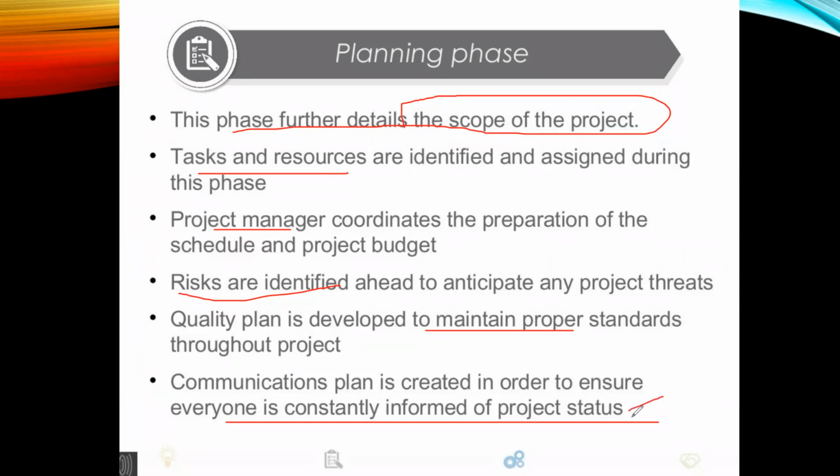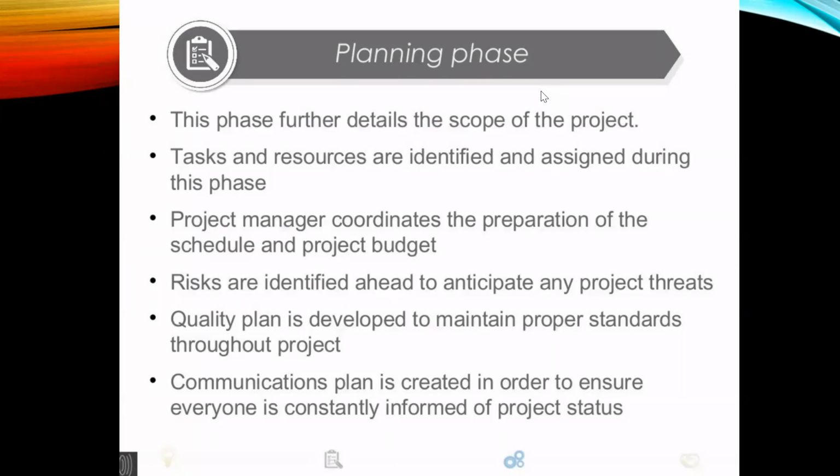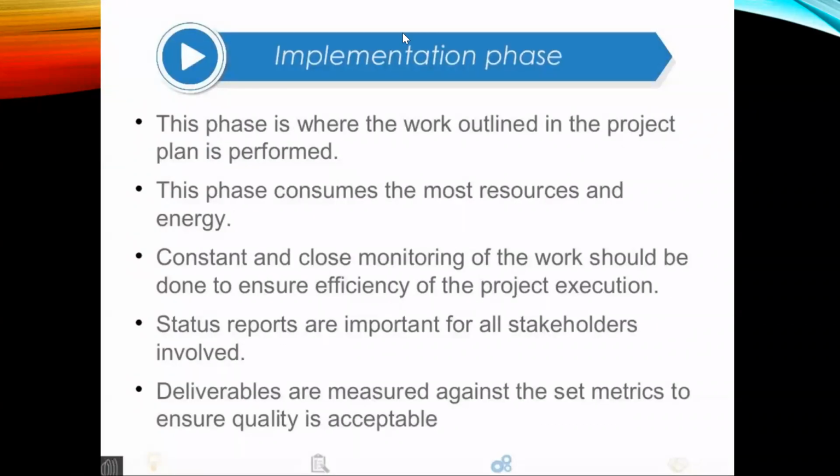And this is what was asked before, which is the milestone. This is the perfect explanation for what a milestone is in the planning phase. So now you have an even clearer answer. Everyone should be updated at all times with the status of your project.